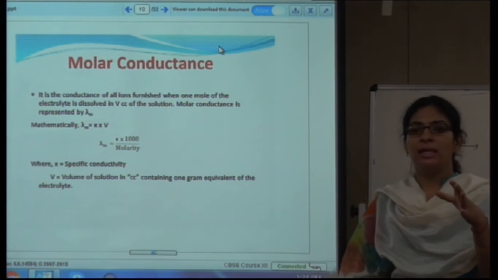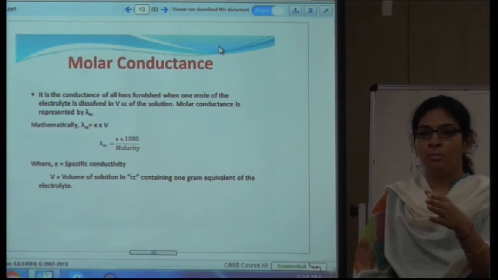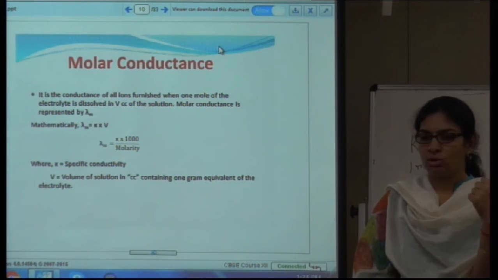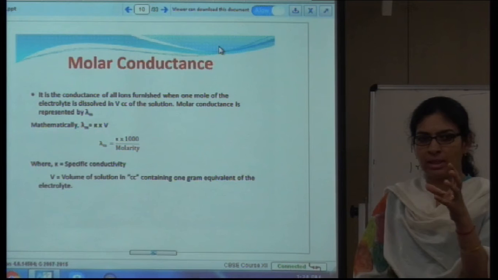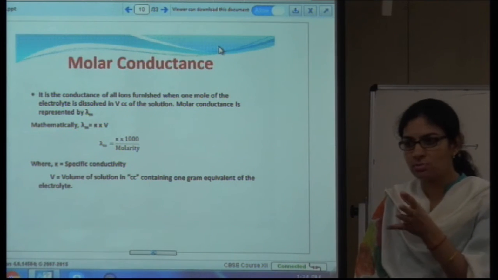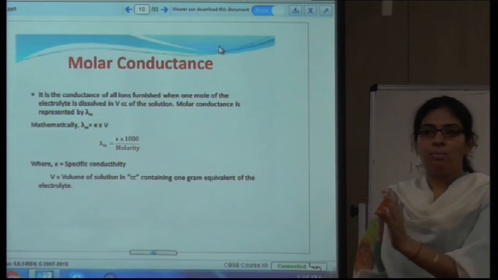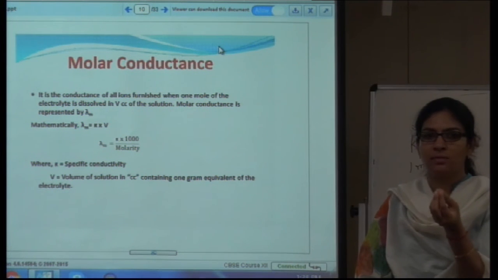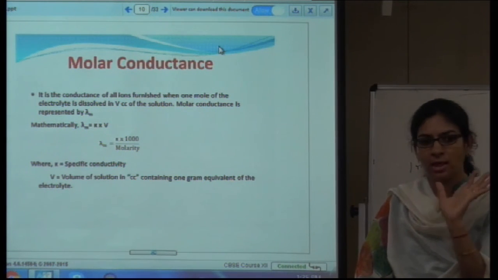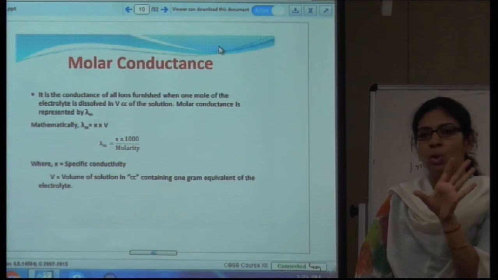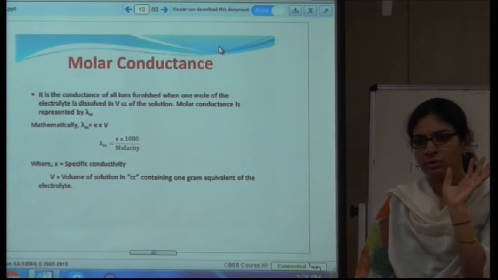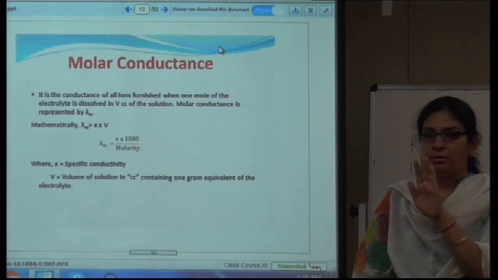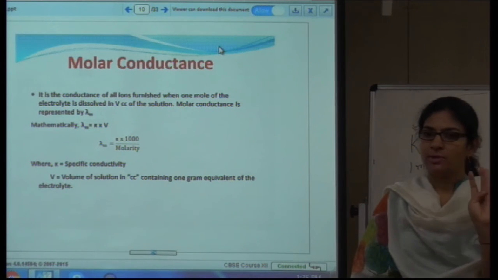So you see that if you perform a simple experiment, you can calculate the conductance from an instrument. Look at the number of quantities you can calculate from the simple conductance value only. Knowing the cell constant, you calculate conductance from the solution, and then you can calculate specific conductance.